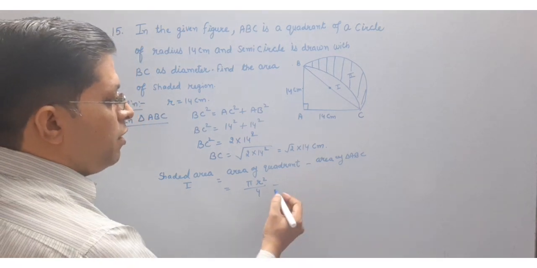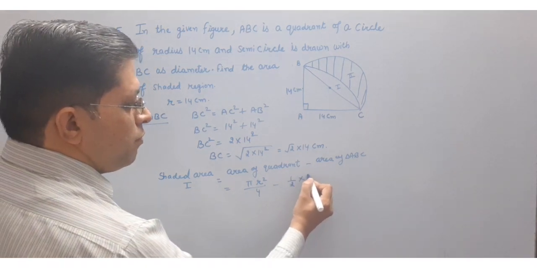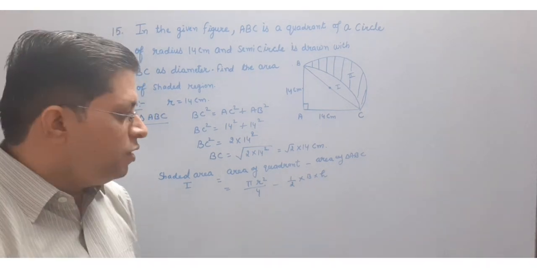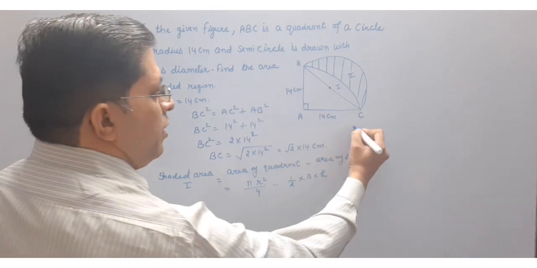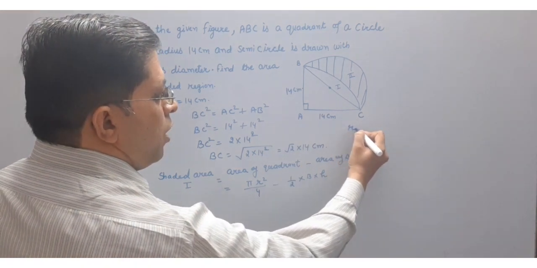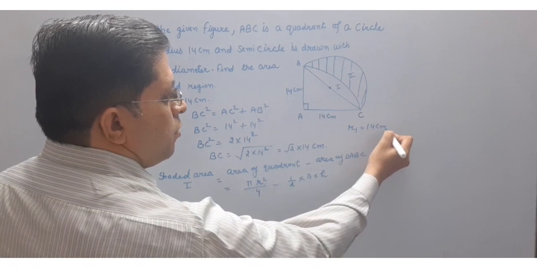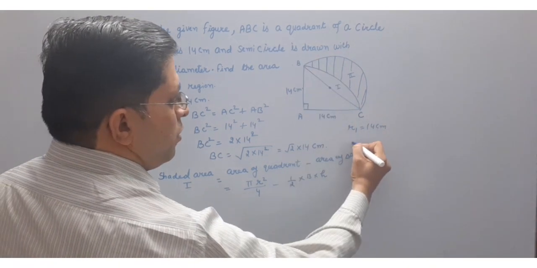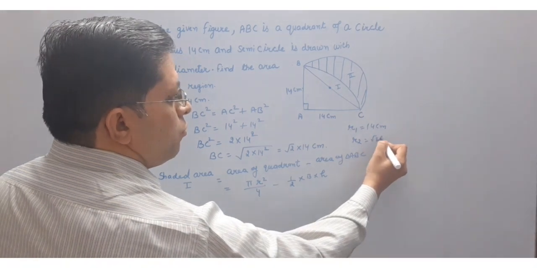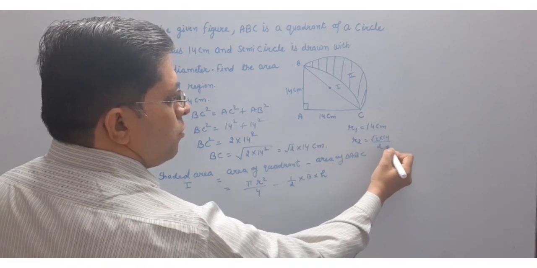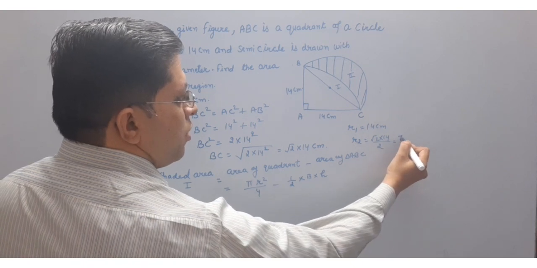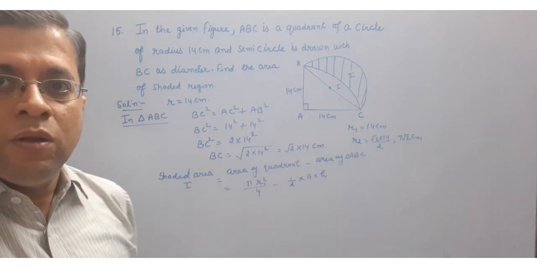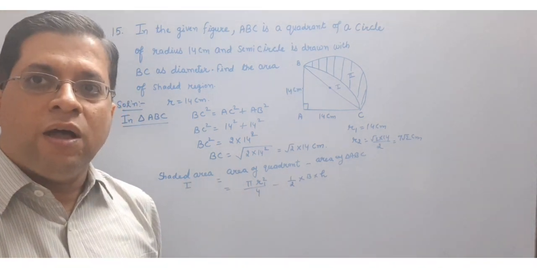And what is area of triangle? Half base into height. And here radius r is this. R1 I can say is 14. Okay. And R2, this for spare, this is R2. Under root 2 into 14 upon 2. This is your 7 root 2. So I am writing here R. Like this way you have to put the values and get the answer.